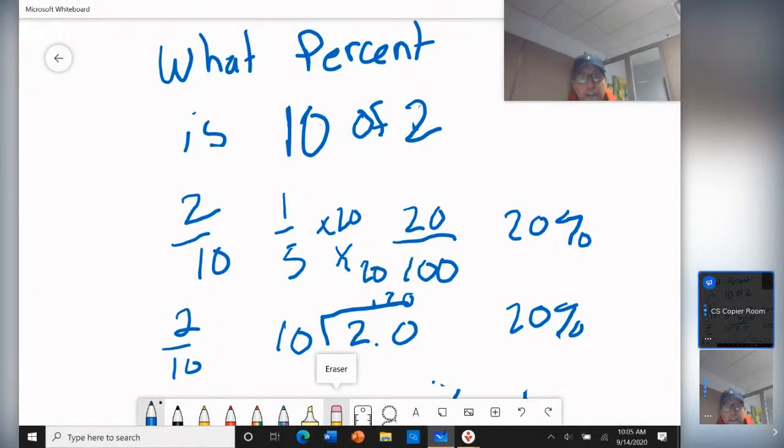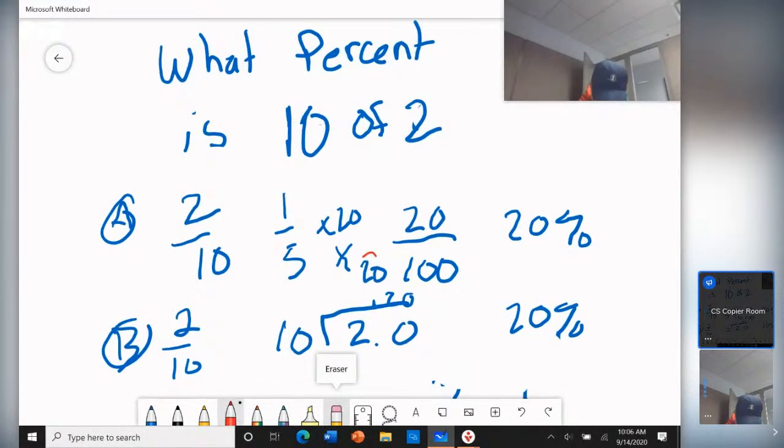So either way, if you want to just use the top method, which we'll call A or B, you can always divide. But remember, sometimes if you have a number like 20 and it goes even, 5 times 20 is going to be 100, and we just multiply. If we multiply the bottom times 20, we're going to multiply the top times 20.